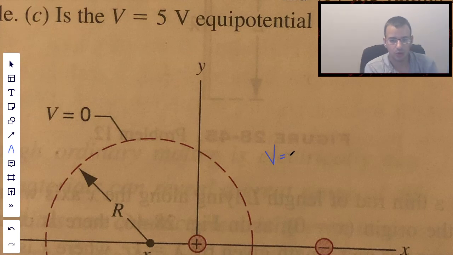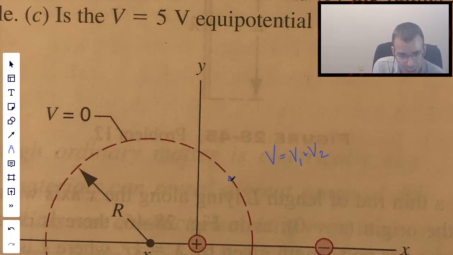We're going to go with the idea that voltage is going to equal voltage due to Q1 plus voltage due to Q2. And we're going to choose any point right here.